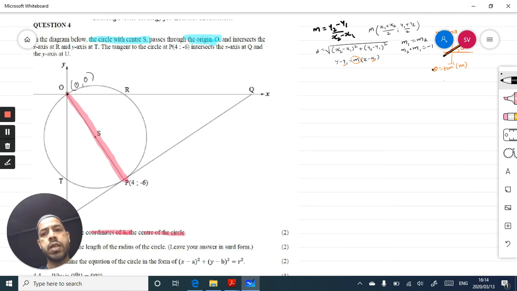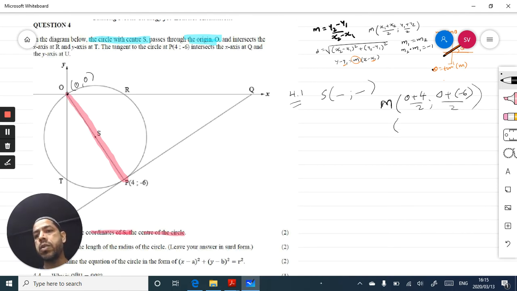So let's start writing the answer. 4.1: the coordinates of S, which is the midpoint. I'm going to use the midpoint formula. Midpoint formula, that's capital M, be careful, is x1 plus x2 divided by 2 and y1 plus y2, negative 6, be careful there, divided by 2.